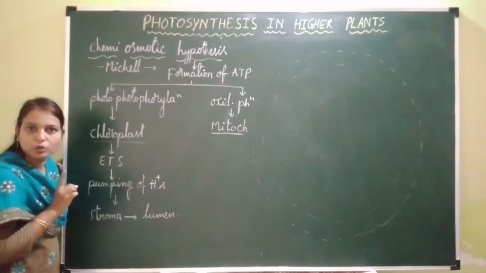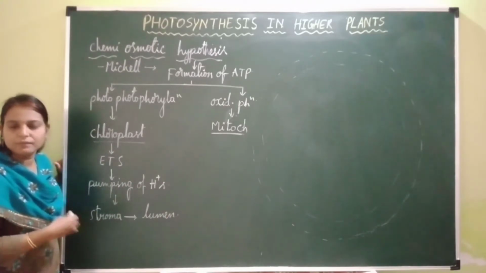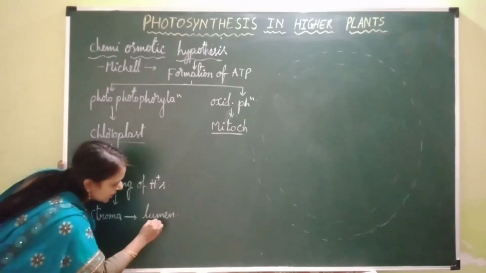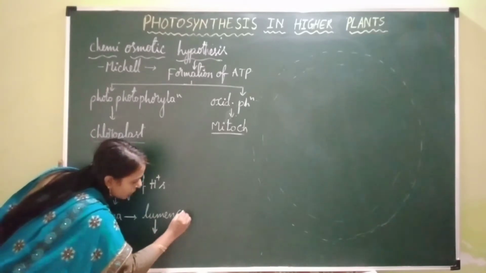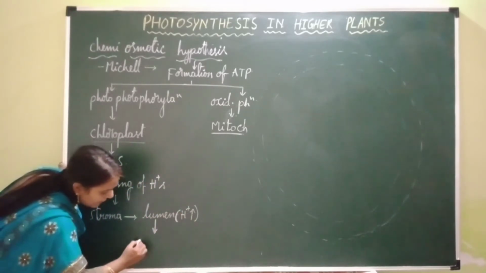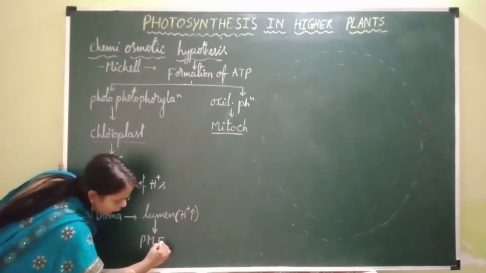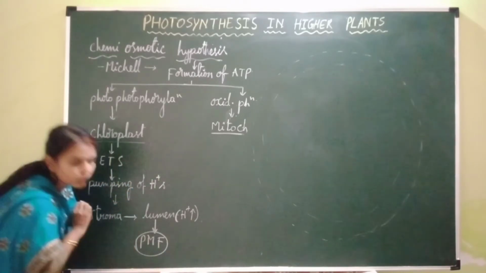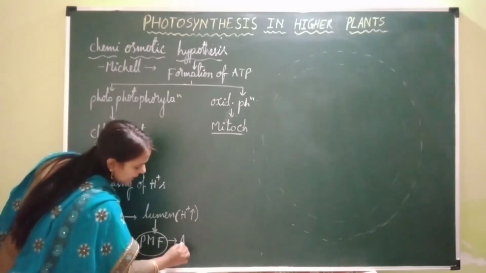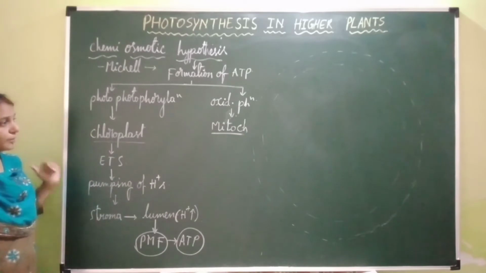That increase in proton concentration is called development of the proton gradient, which is nothing but proton motive force. This proton motive force developed inside the lumen is responsible for the formation of ATP.